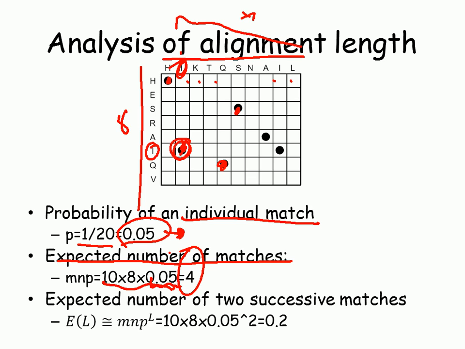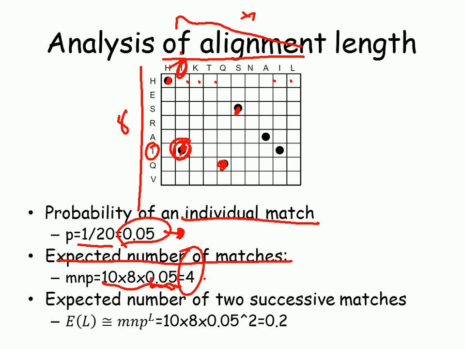Okay? So if you generate several million of these sequences randomly and count the number of hits in the table, and then take the average of those, you will find that it's very close to 4.